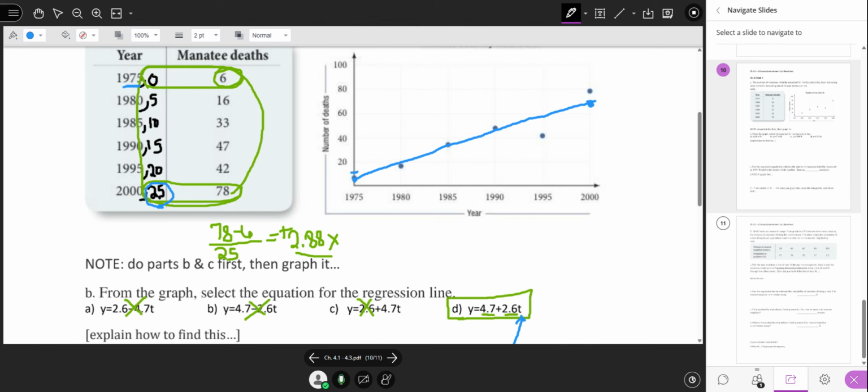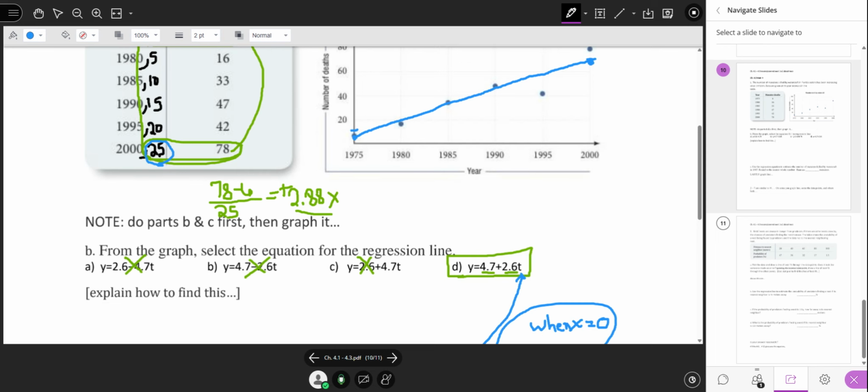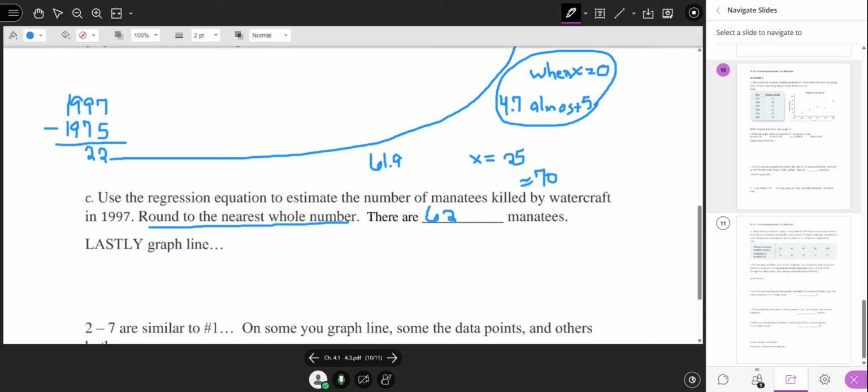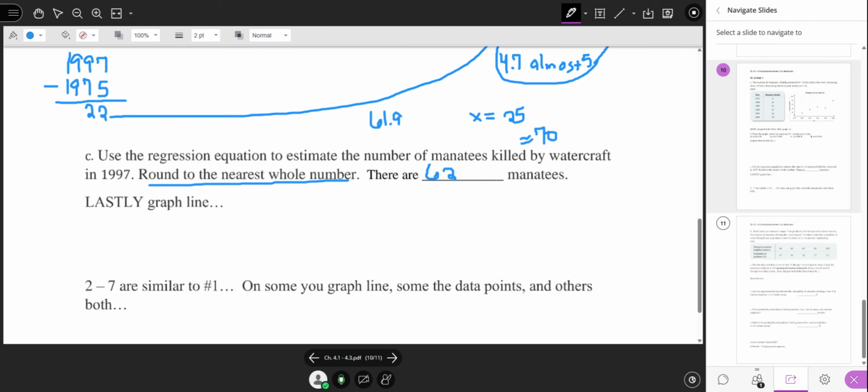So it should be pretty lenient as far as your score on that. Numbers 2 through 7 are very close to number 1. Most of the time they will give you the X value. Occasionally it'll give you a Y value.